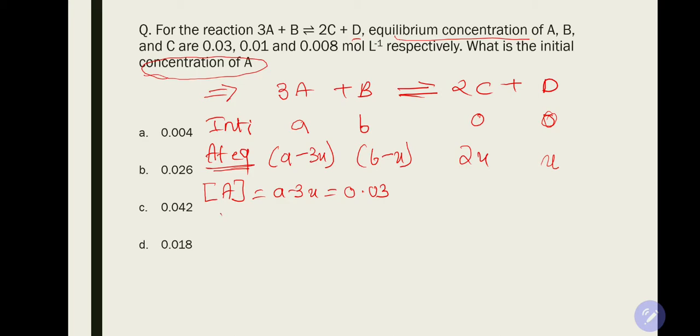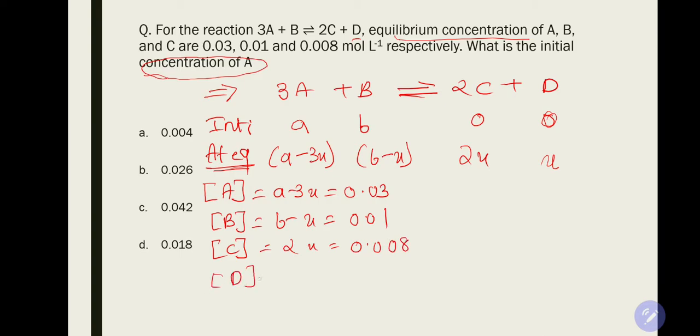The concentration of B, b minus x, is 0.01. The concentration of C, as we have found, is 2x, which is equal to 0.008. And the concentration of D is nothing but x.